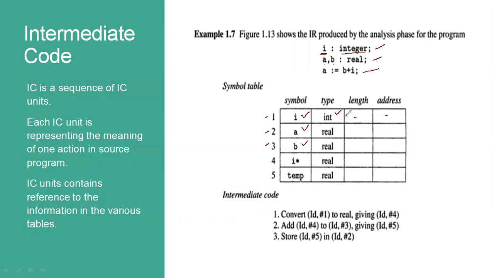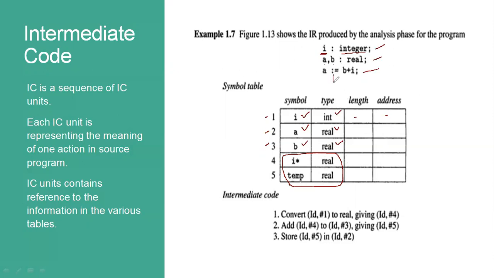What are the types of A and B? A is real and B is real. Now next is what? A equal to B plus I. Now what is this I star and temp? That is the interesting part to see in this particular example. Now see, A and B are of type real and I is of type integer.